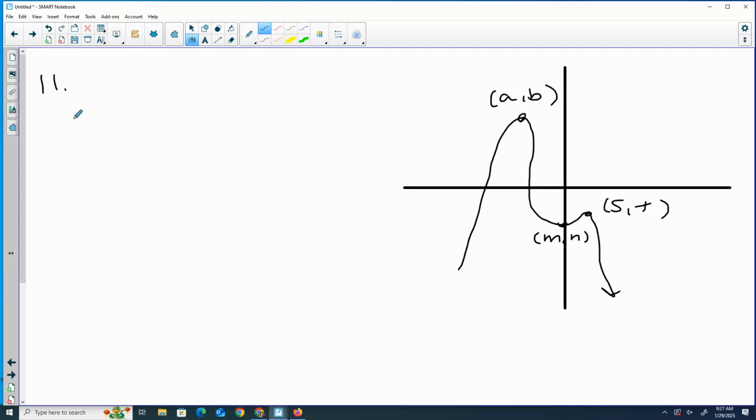So, part A is the minimum degree. Can you tell me, does this have an even or an odd power? Even. It has 3 turning points, so my degree would have to be 4. Degree is 1 bigger than your turning points.